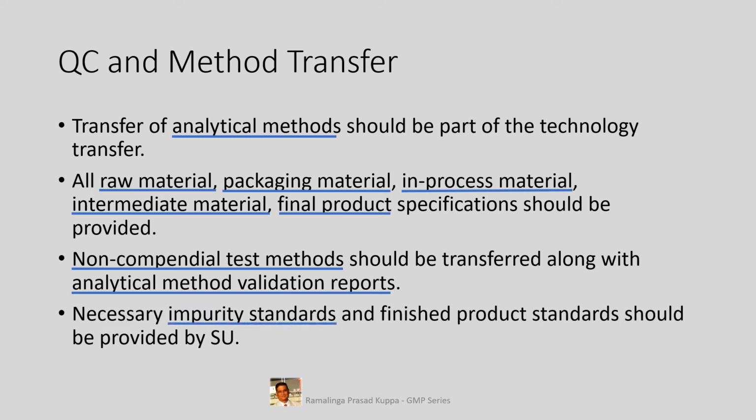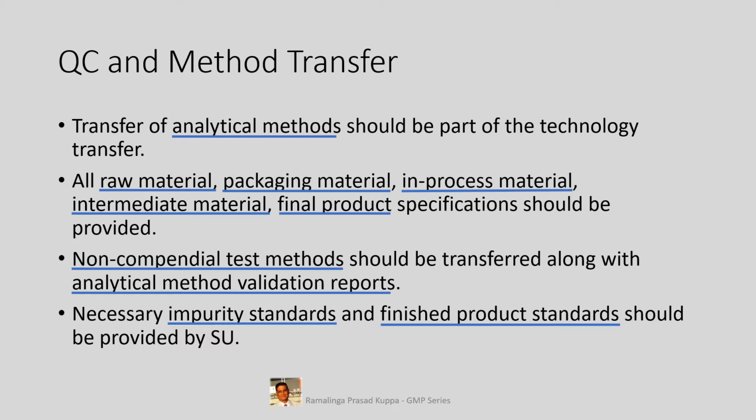Necessary impurity standards and finished product standards should be provided by SU. If it is not available in the open market, it is the responsibility of the SU to provide the impurity standards and finished product standards to RU.